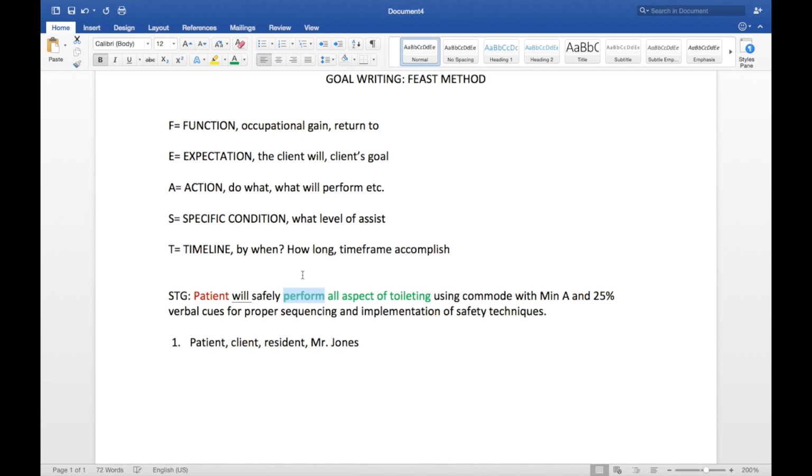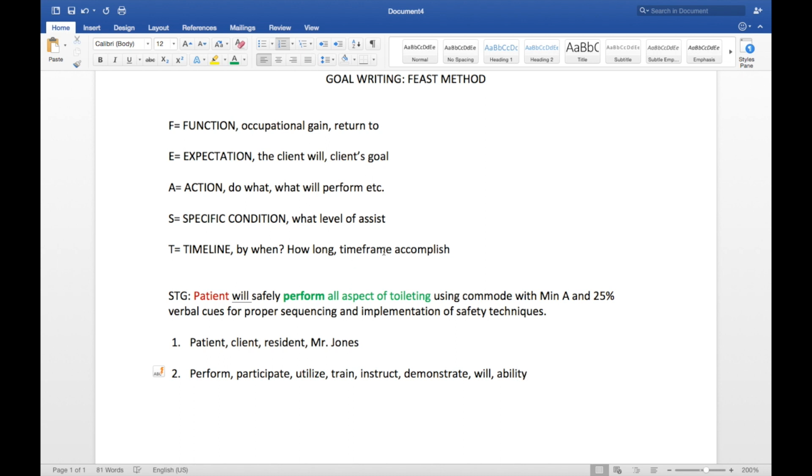Key word is perform. Now, there's also other key phrases you can use instead of using the word perform. You can say perform, you can say participate, you can say utilize, train, instruct, demonstrate, patient will, ability.